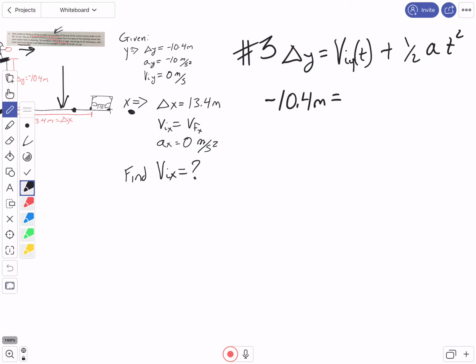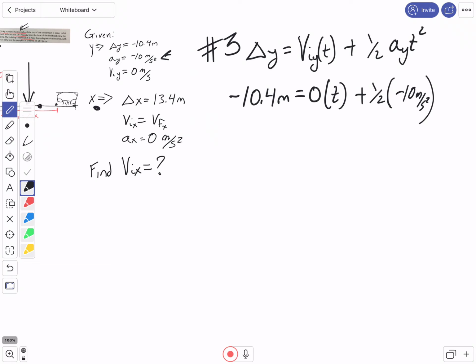Our velocity initial in the y direction is 0 times t, plus 1/2, and our acceleration in the y was negative 10 meters per second squared times time squared. So now if we simplify that, you get negative 10.4 meters is equal to negative 5 meters per second squared times time squared.